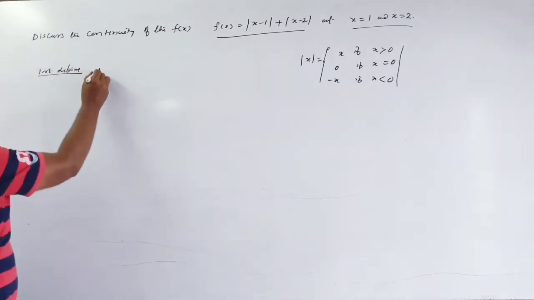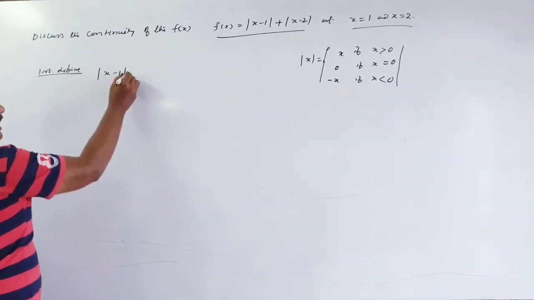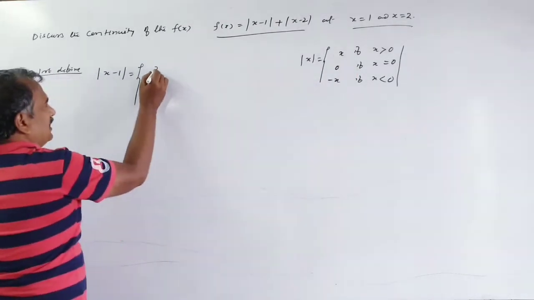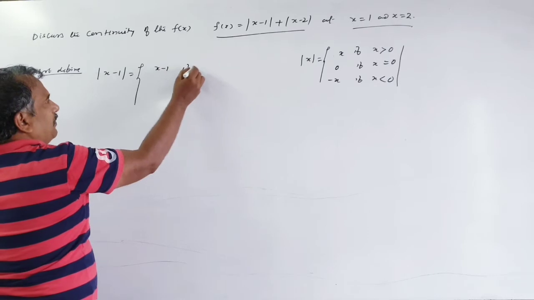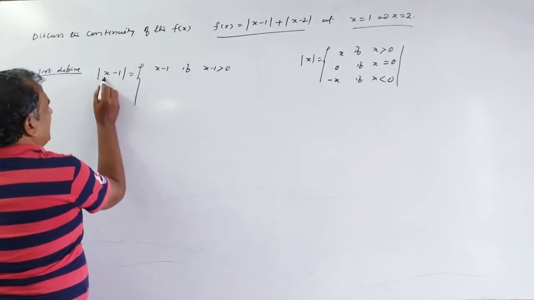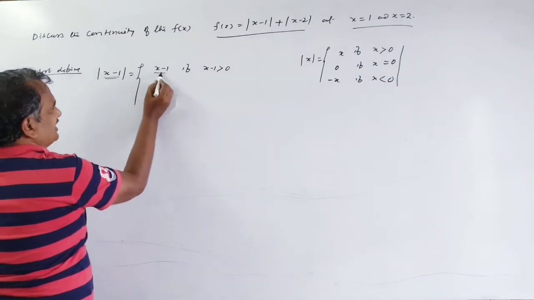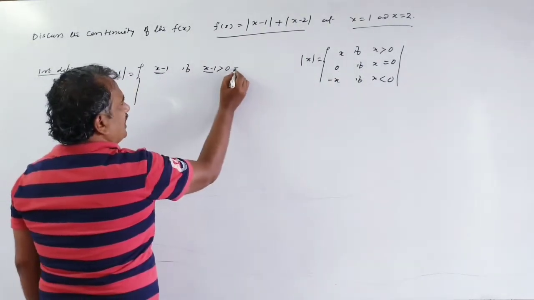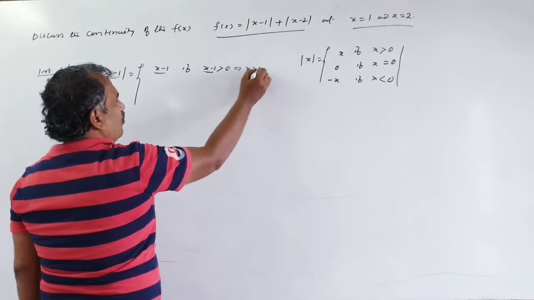Let's suppose mod of x minus 1. Now this part equals x minus 1 if x minus 1 is greater than 0, or we can write x is greater than 1.